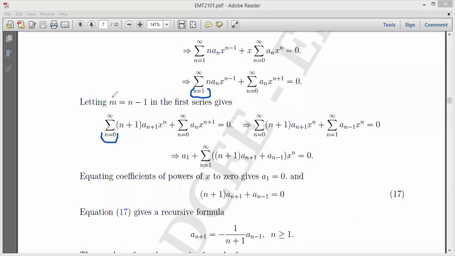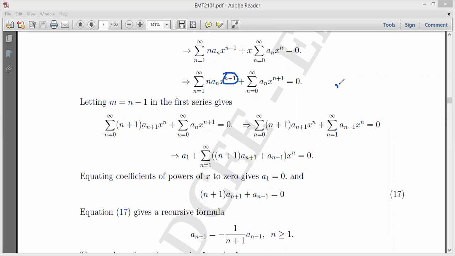We started here, and this one I had already demonstrated. How do we start here? You only look at the sum. We look at this power here, and we say, since it should be x to the n, what if we let this be m?